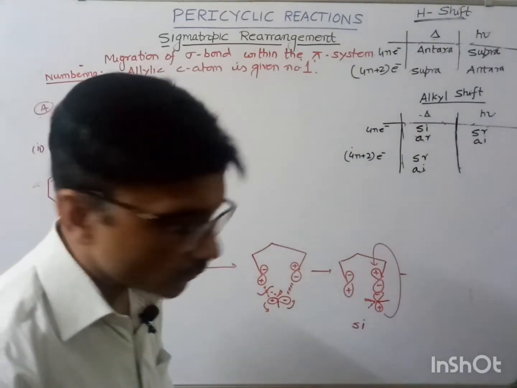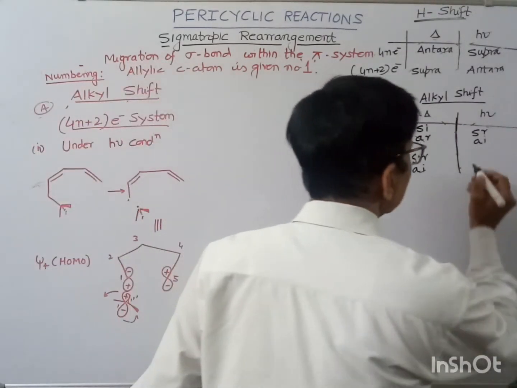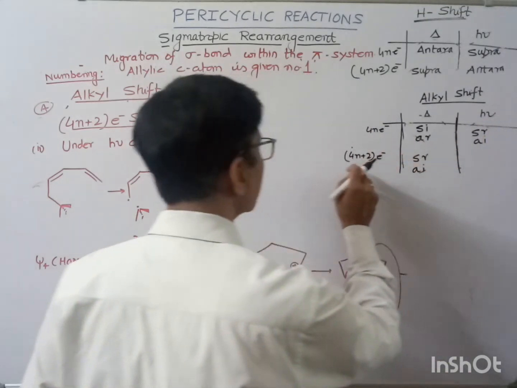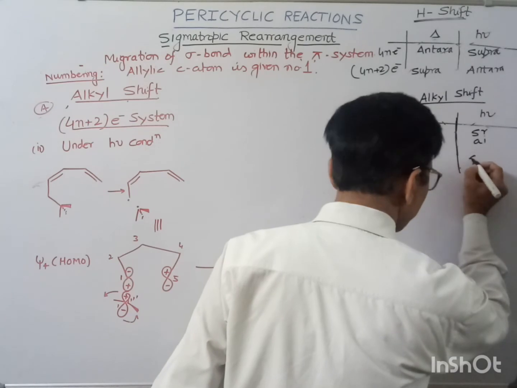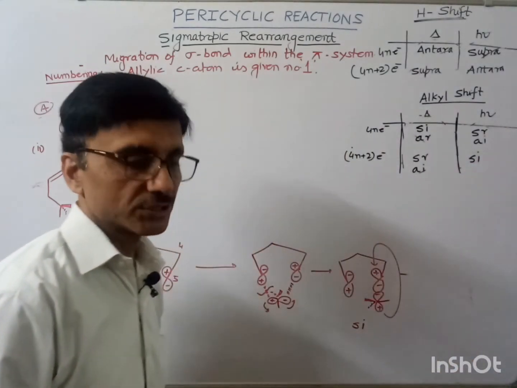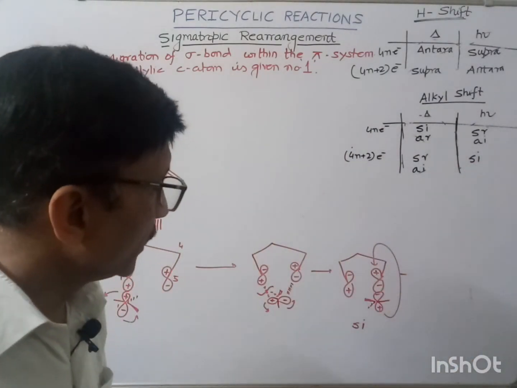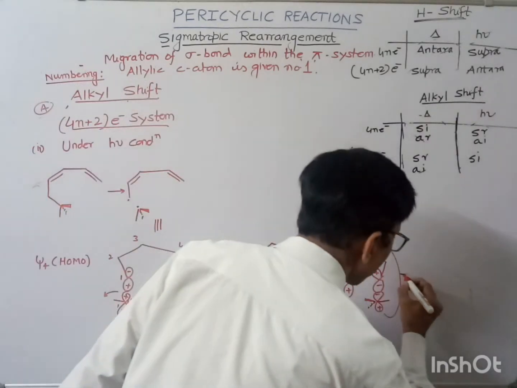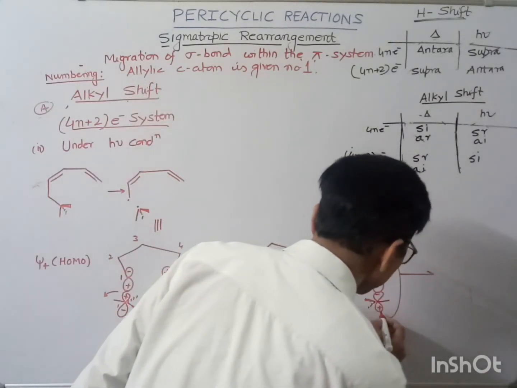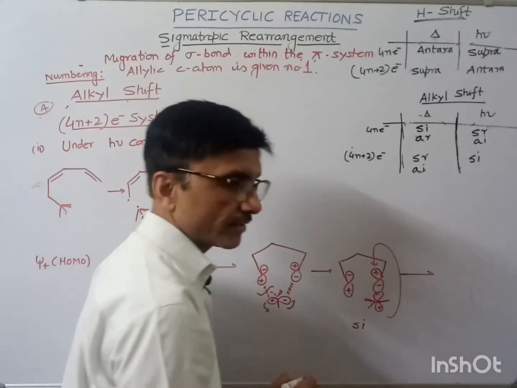So what we may write over here in the selection rule, under photochemical condition for a 4n plus 2 electron system: suprafacial with inversion of configuration. Now the interaction can also take place in an antarafacial manner. For the antarafacial manner, what you should show is positive to positive interaction.